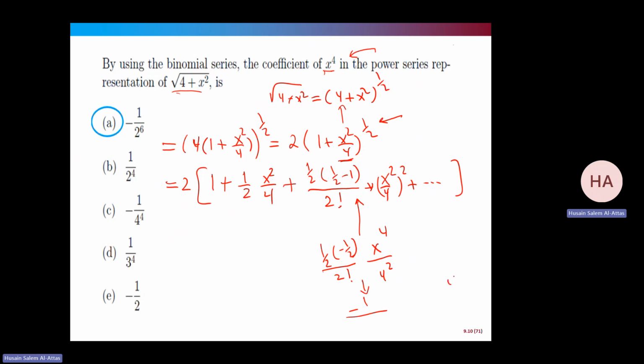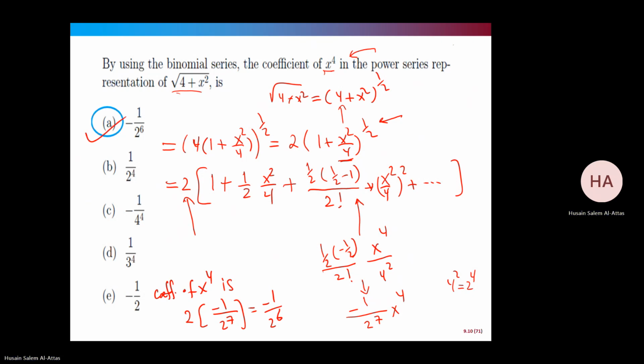Here 4 squared is 2 squared squared, that will be 2 to the power 4. So 2 to the power 7, x to the power 4. Is this my coefficient? No, because I have the 2. So the coefficient of x to the power 4 is 2 times minus 1 over 2 to the power 7, and that is minus 1 over 2 to the power 6. That will be the answer, which is fine.